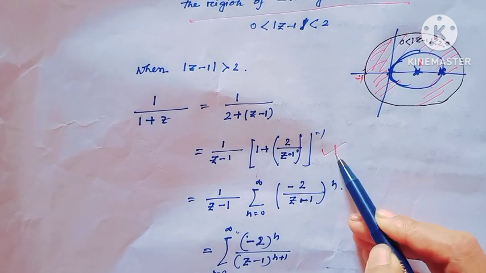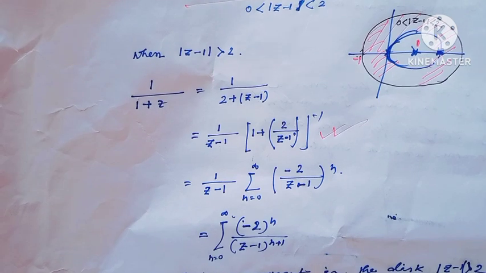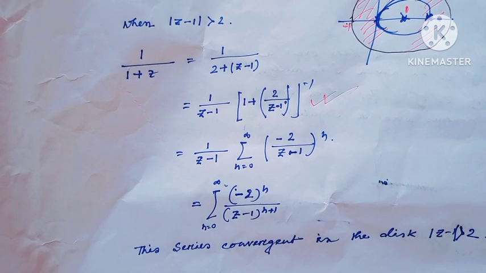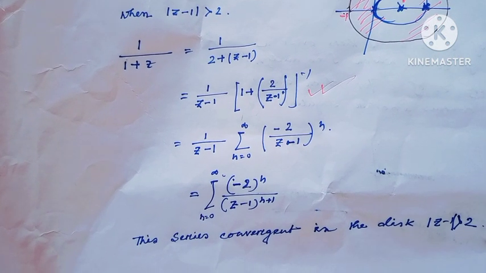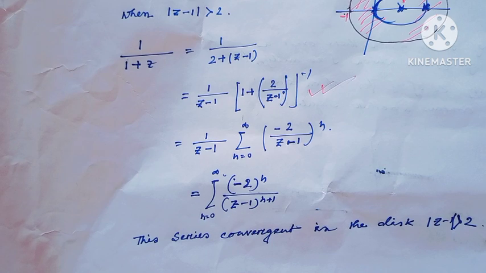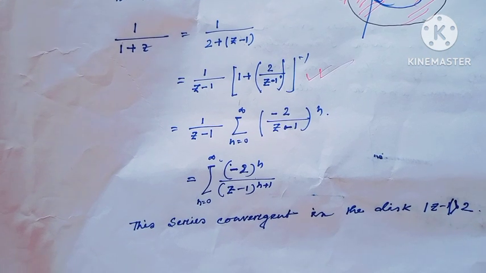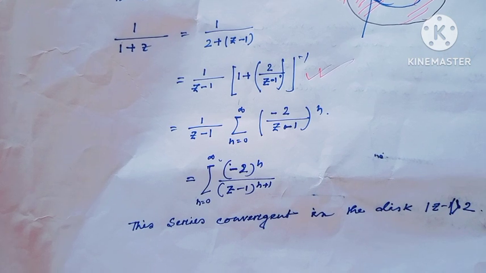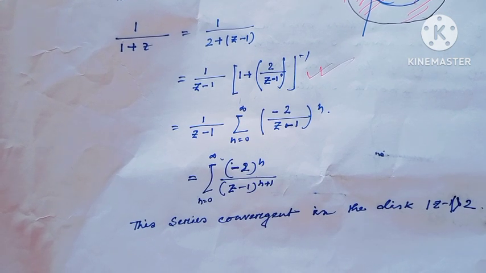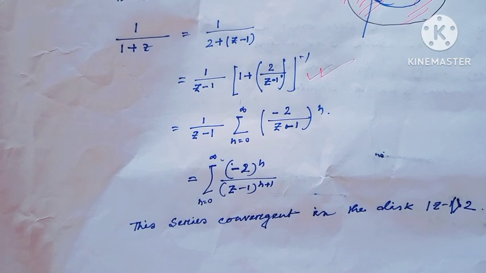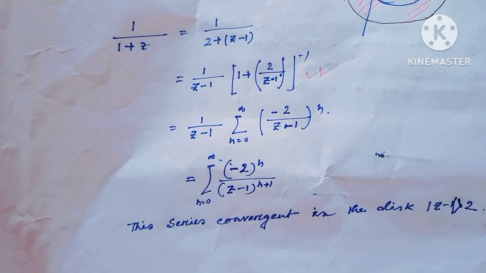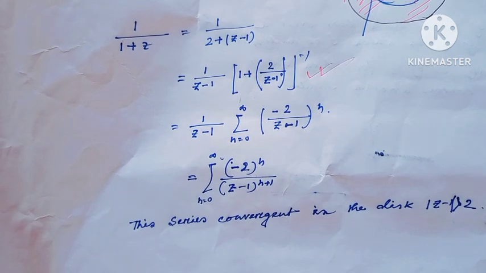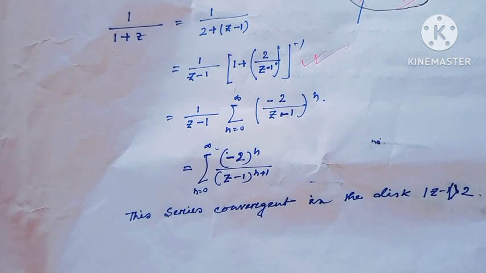This is an infinite series: 1 upon z minus 1 times the sum n equal to 0 to infinity of (minus 2 over z minus 1) to the power n. I hope all my viewers have understood.